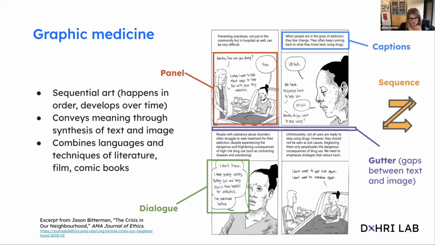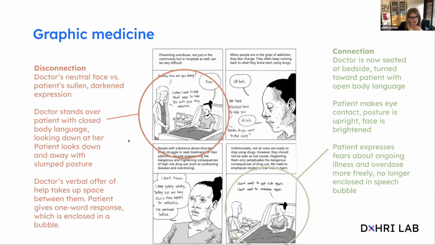You can see through this, in the first panel, the doctor's very neutral face and the patient's closed body language, contrasted with the last frame where they're actually having a conversation and things are more open. The patient's posture is open and brighter. We looked at these examples of graphic medicine to see if they would inform our work.